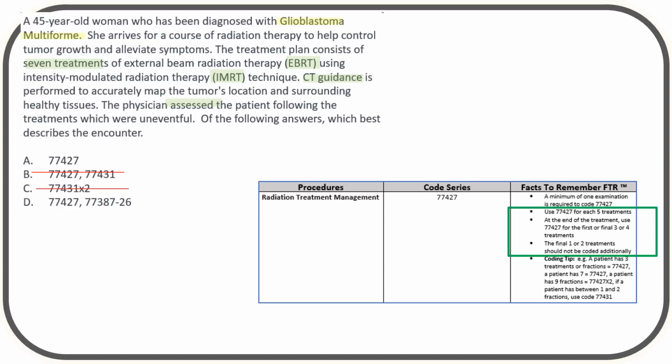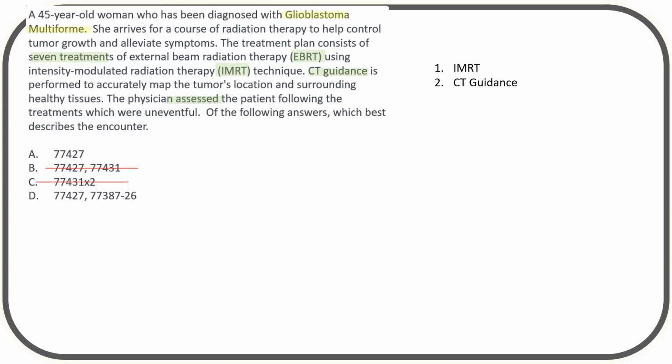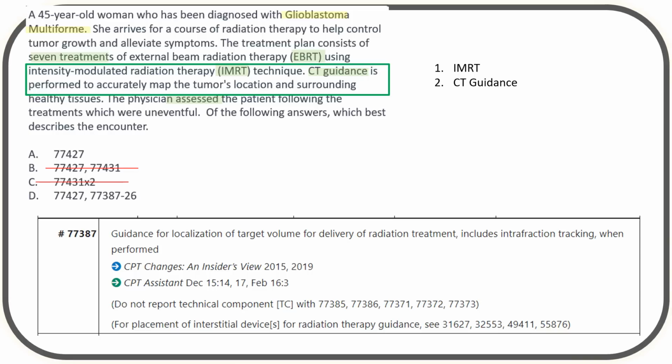Well, we're supposed to be coding for EBRT and CT guidance. So even if I didn't know already, I would guess that 77387 is coding for CT guidance. And it is 77387.